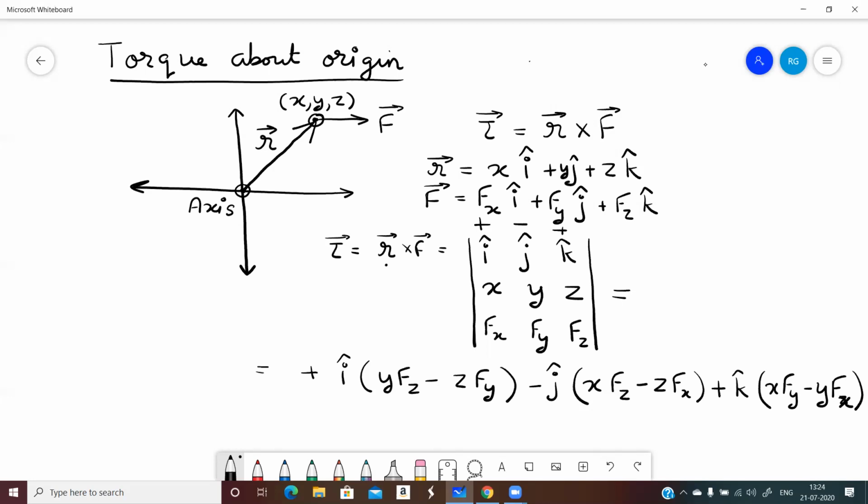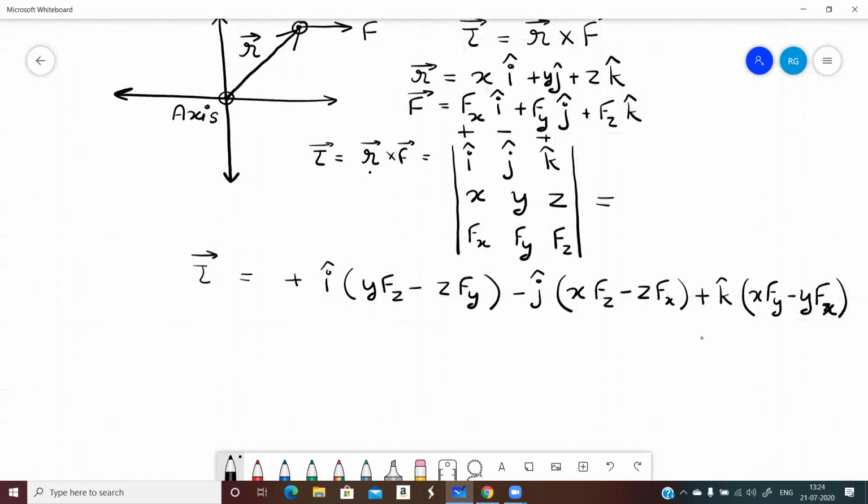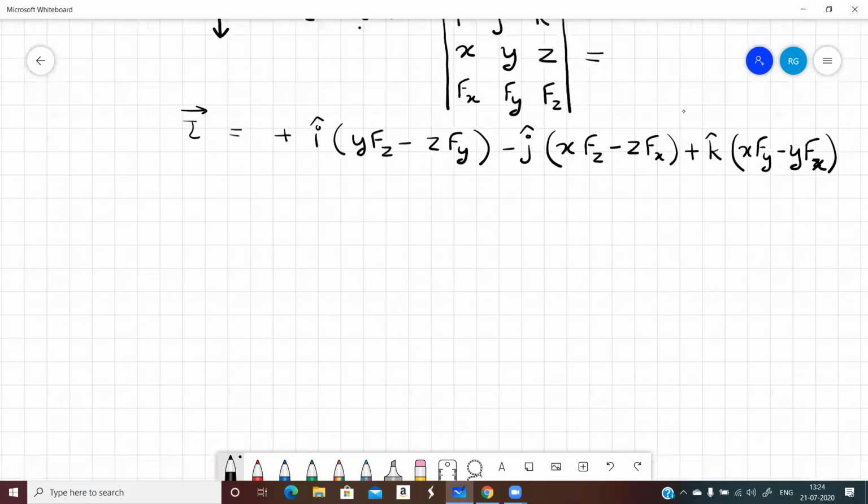So this is the formula of torque. But we don't need to remember this formula if we know the determinant notation. This was the torque about the origin.